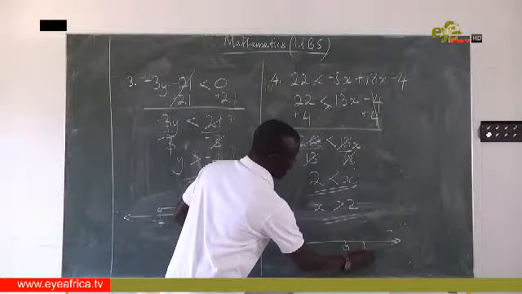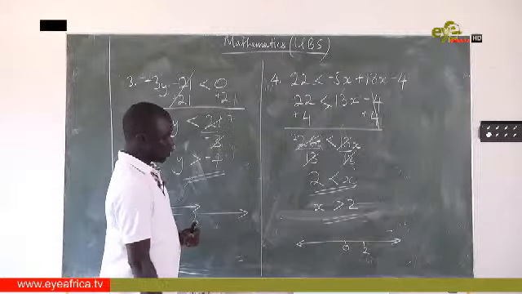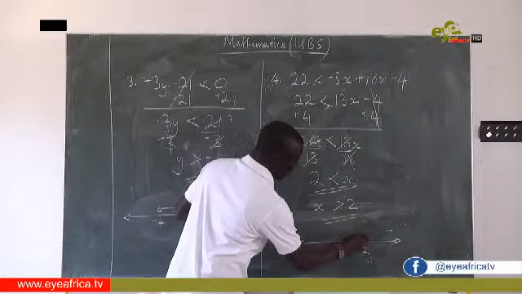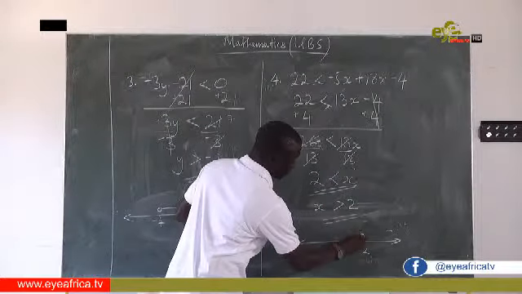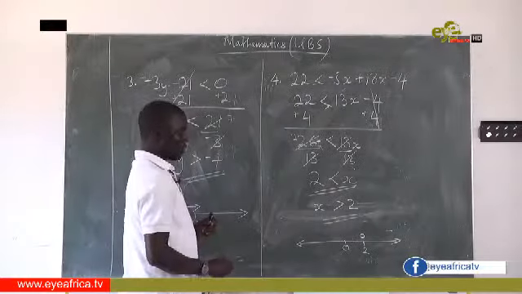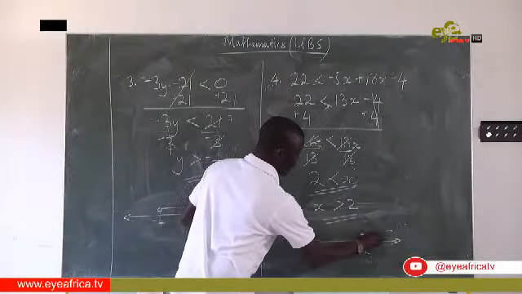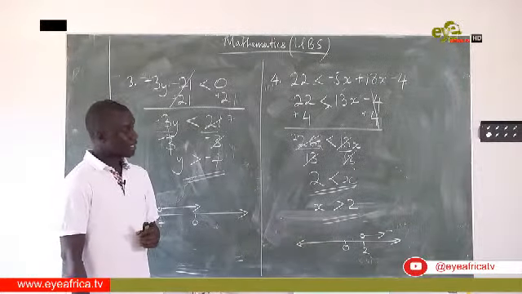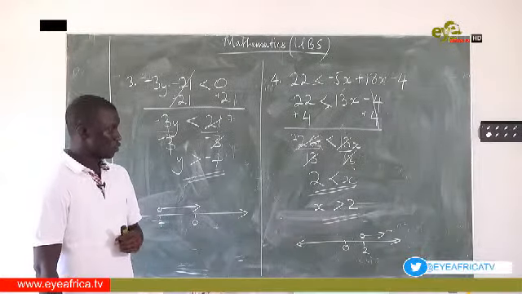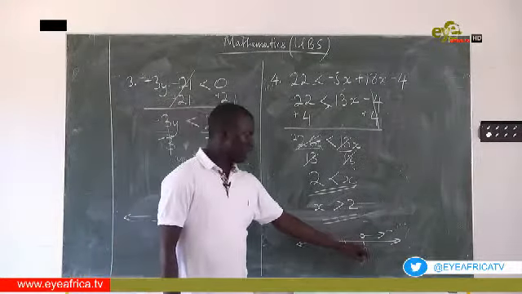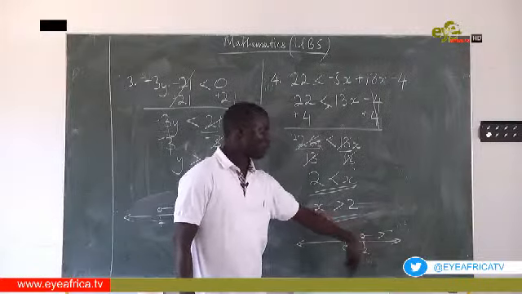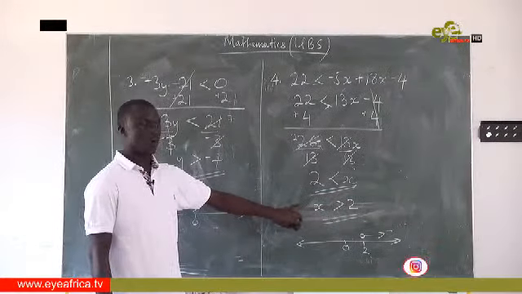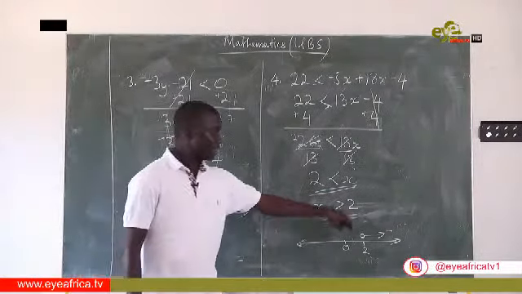Let's have our 2 somewhere here. The 2 is not inclusive, so therefore it should be an open circle. And in which direction is it going? It is pointing in the direction where all the digits are more than 2, which says x is greater than 2. All the digits you have after 2 here, 3, 4, 5, can all be possible answers to this inequality, because they are all greater than 2.